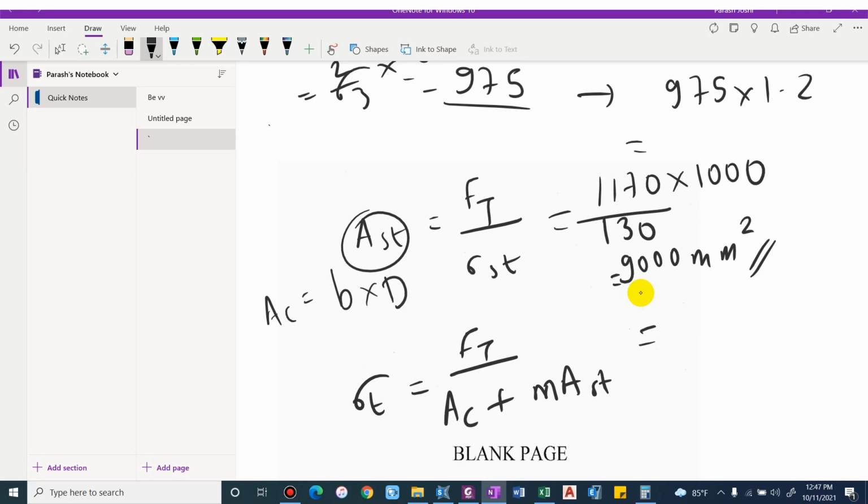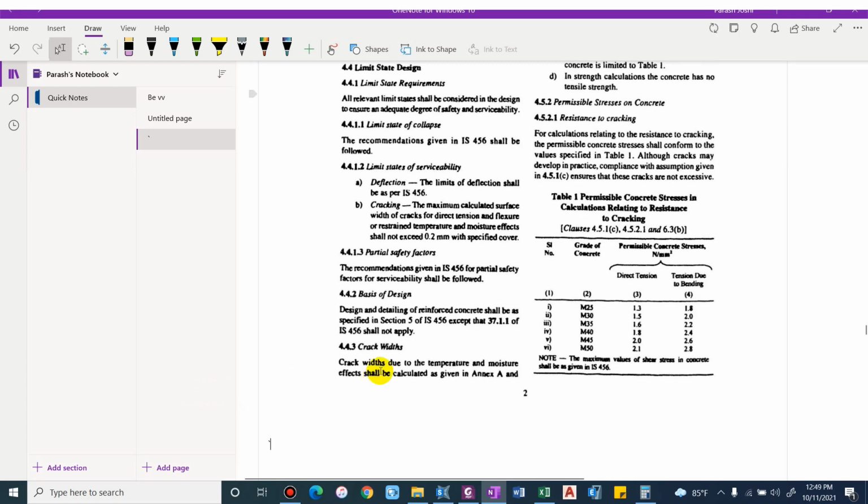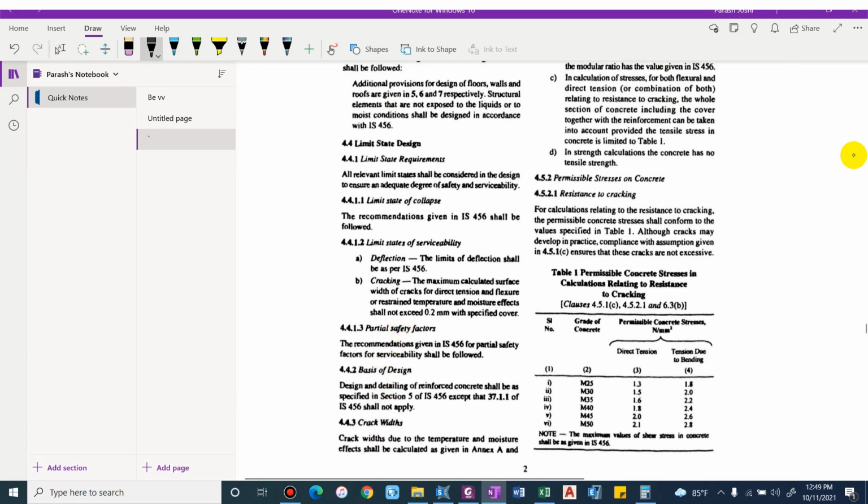And for sigma_t, we'll again go to the code IS 3370. As you can see here in Table 1, permissible concrete stresses, here you can see direct tension, and for M25 grade of concrete we have 1.3. Don't get confused with the value of direct tension, that is, the permissible stress under direct tension.